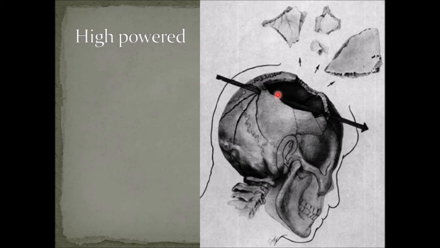Just like your bathtub, all that energy has to go somewhere. It picks the easiest spot. What does it do? It explodes out. His brain virtually explodes out. That's that big pink splash you see in the images. If you watch the Zapruder film, you see a big pink cloud. That's his brain.